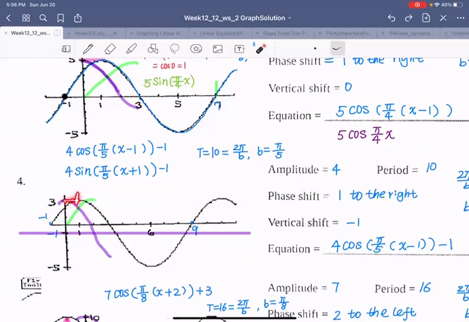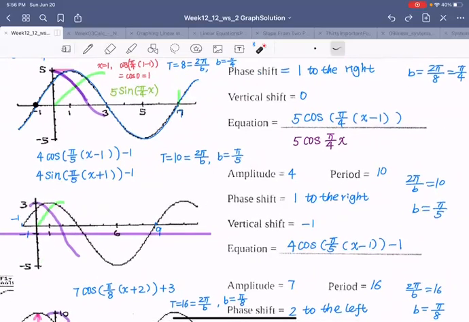Good. And then we look at the period, and since it looks like each line is 1, the period is 10.